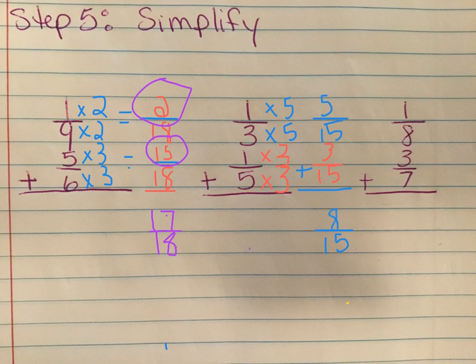And then we simplify. Step 5 is simplify. Well, 8 is even, but 15 is not. And the only factors of 15 are 1, 3, 5, and 15. So we're not going to have a common factor there. So this is simplified.